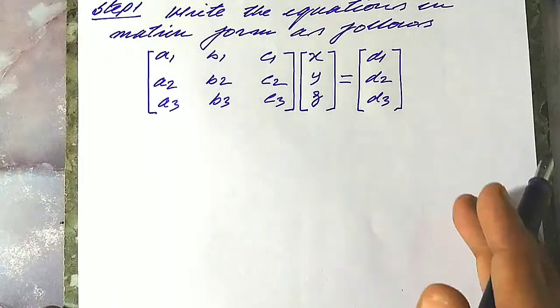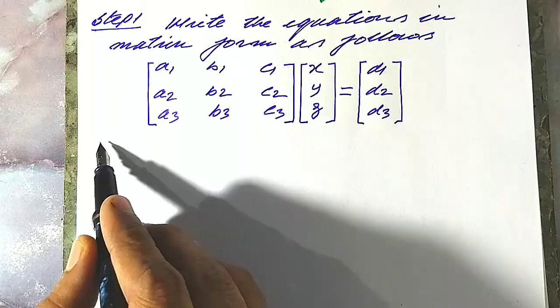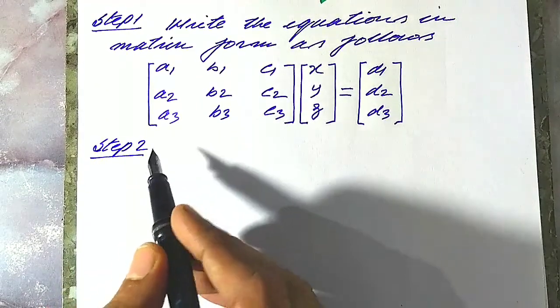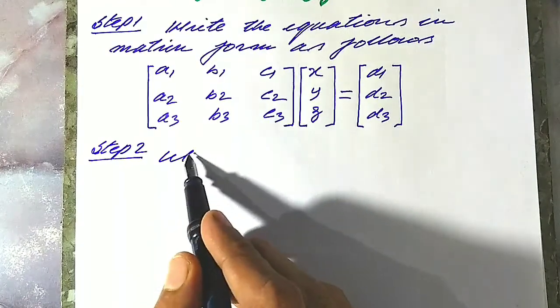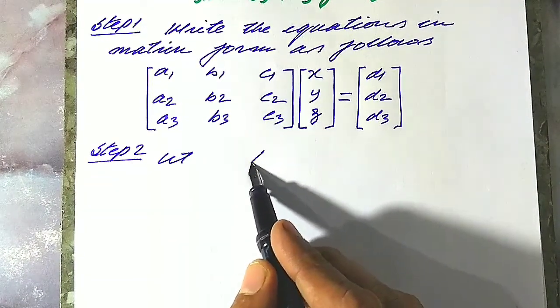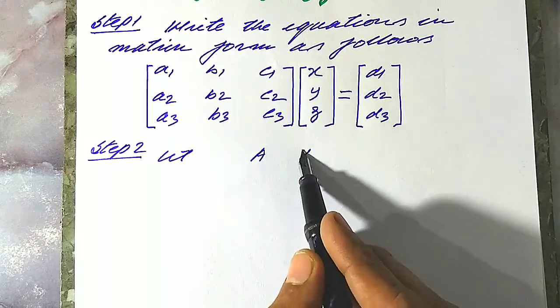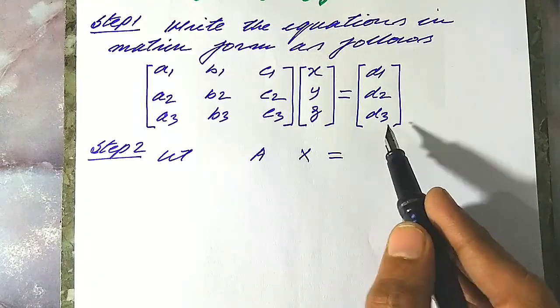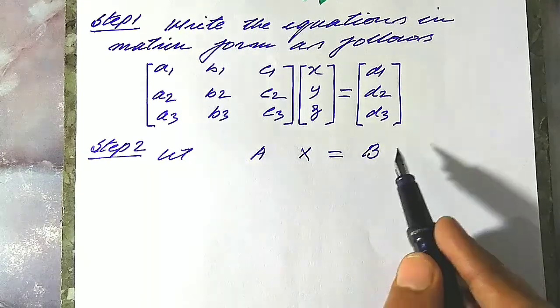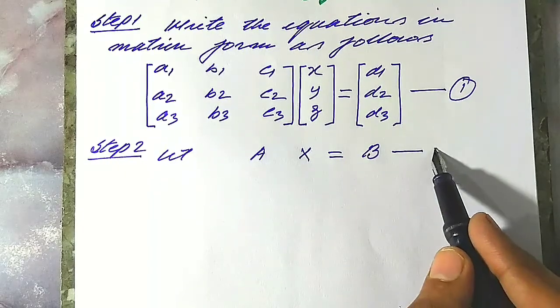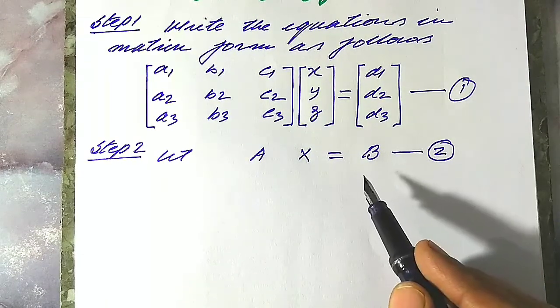Now step 2. In step 2, we assume this matrix as A, this matrix as X, and this matrix as B. So we name it equation number 1 and this as equation number 2.